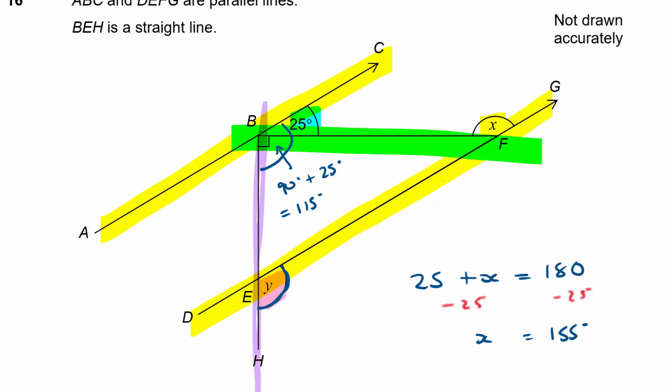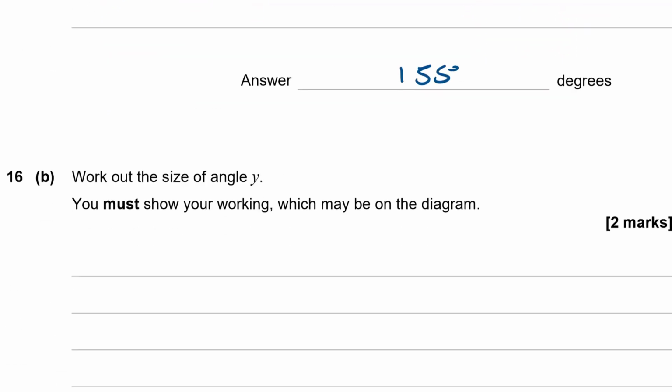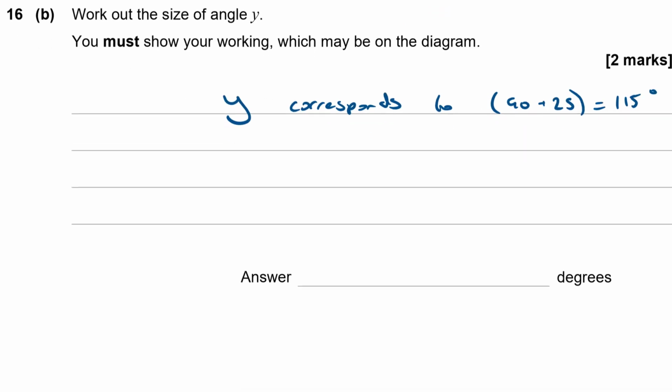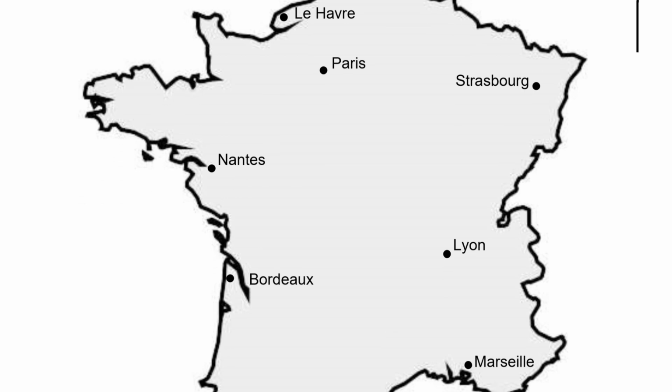So Y and 115 are corresponding. So that is the answer. So I'm going to say Y corresponds to 90 plus 25 equals 115 degrees.